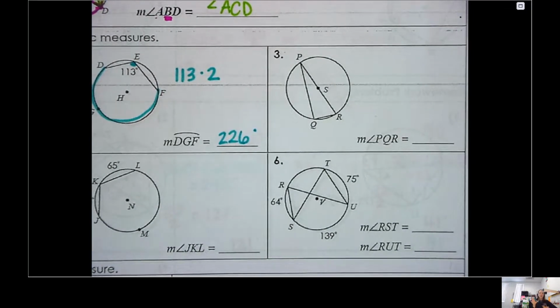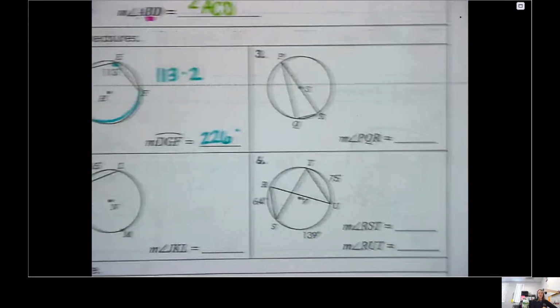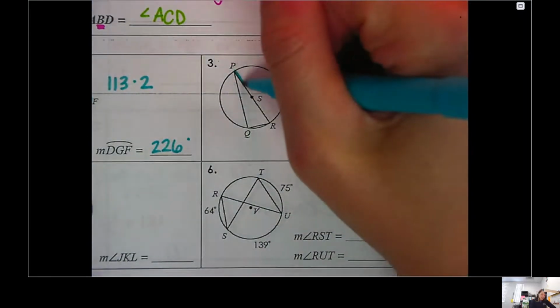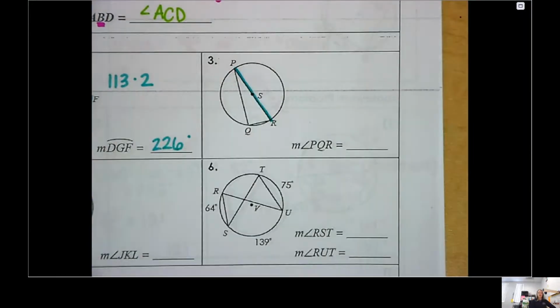Okay, let's look at number 3. Before I even do this problem, what do you see in this picture that I haven't had yet before? You've got a triangle because you've got, what is this piece right here? It's not a chord. It's a diameter because it goes through the center. Also, it's chord, like a music chord.